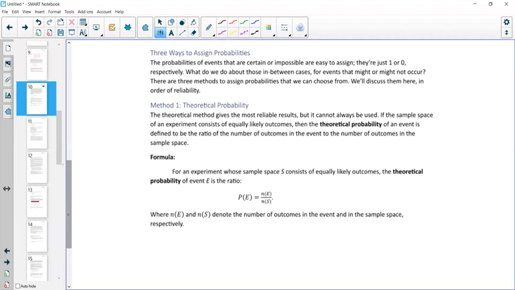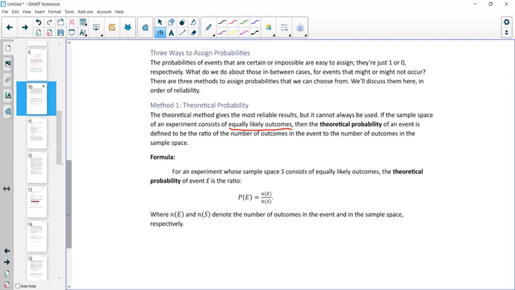If the sample space in an experiment consists of equally likely outcomes, then the theoretical probability of an event is defined to be the ratio of the number of outcomes in the event to the number of outcomes in the sample space.